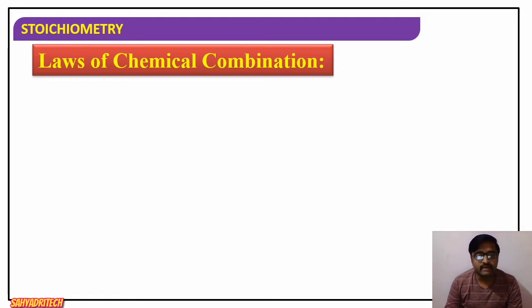Whenever elements combine in different proportions, it leads to different types of matter. It's a simple thing. We are getting different types of matter because of the combination of elements.